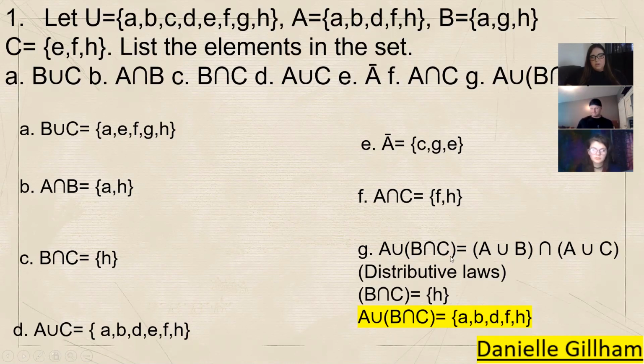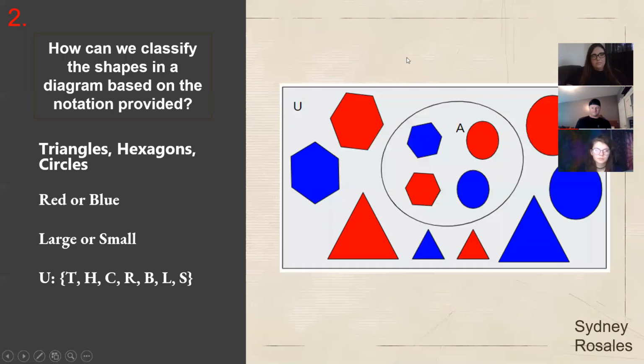Basically, you're going to do the parentheses first, which B and C only have in common is H. And then you're going to add whatever is in the bracket of A along with the H. So this one was a little easier because it already had H. But if there was no H in bracket A, then you would just be adding H. So it's A, B, D, F, and H.